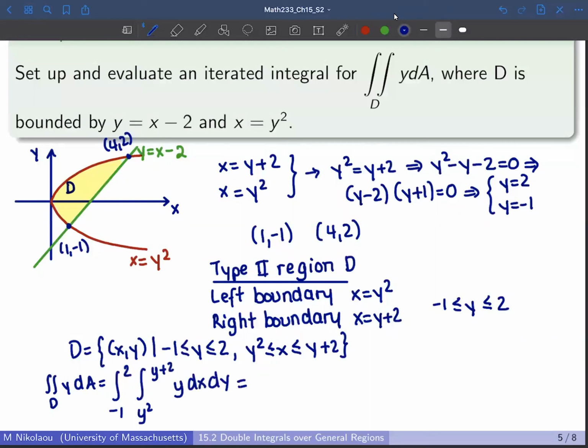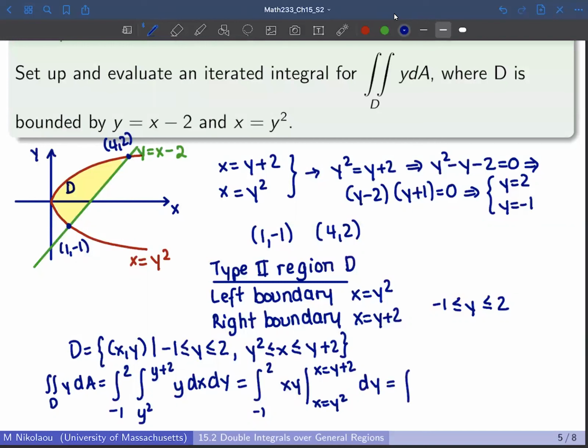And this is equal to the integral from negative 1 up to 2. And now we can evaluate the integral of y times dx, which would give us x times y, and that needs to be evaluated between x equals y squared and x equals y plus 2, times dy.